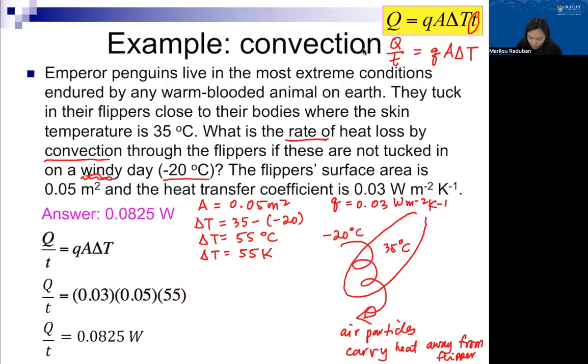Okay, so remember again, watts is joules per second. So 0.0825 joules per second means that every second, the flipper is losing 0.0825 joules of energy, of heat.